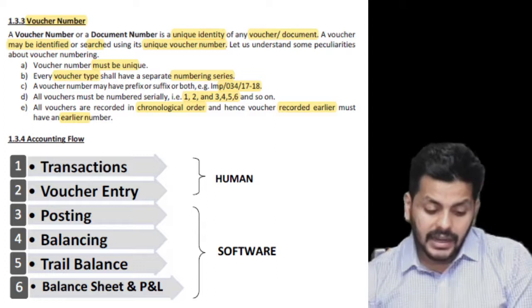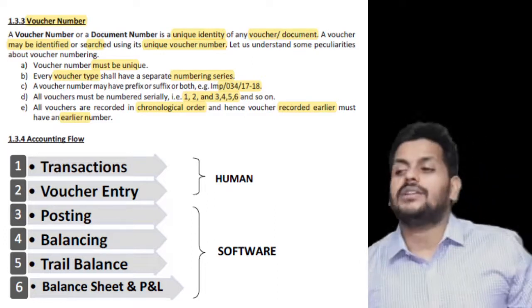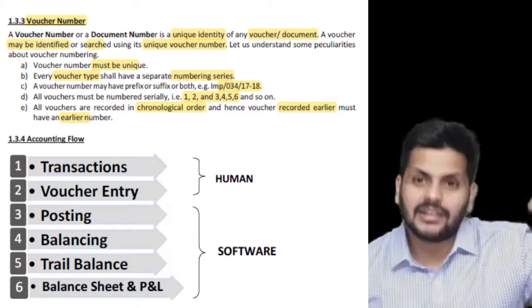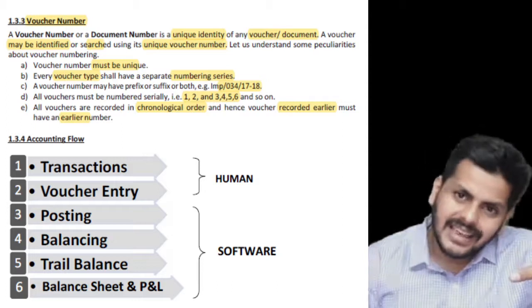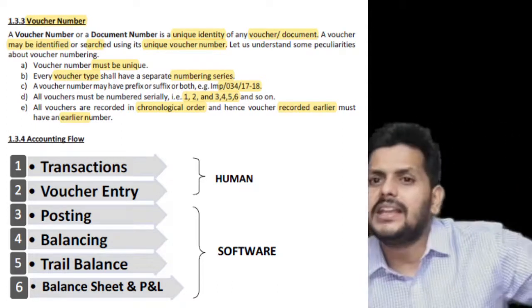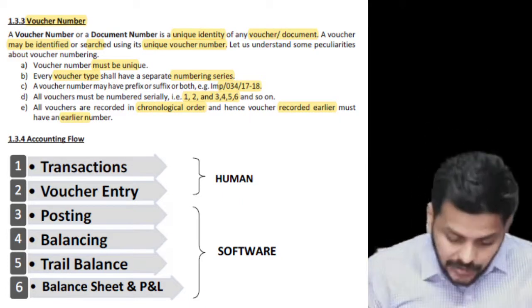Wherein if you look at 1 and 2, how will the system even know that a transaction took place, and then an entry should be made? So the occurrence of the transaction and the initial entry, at the journal level, both are human. You can see it here.